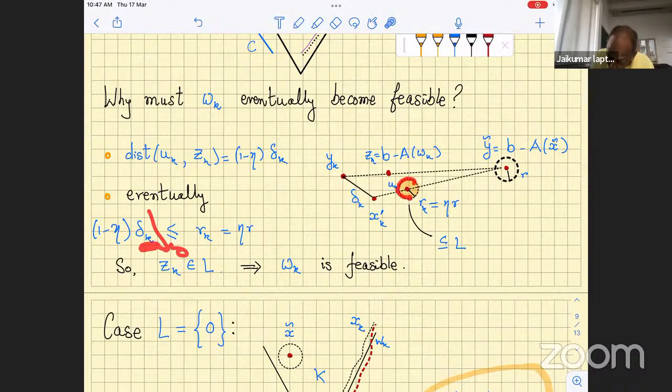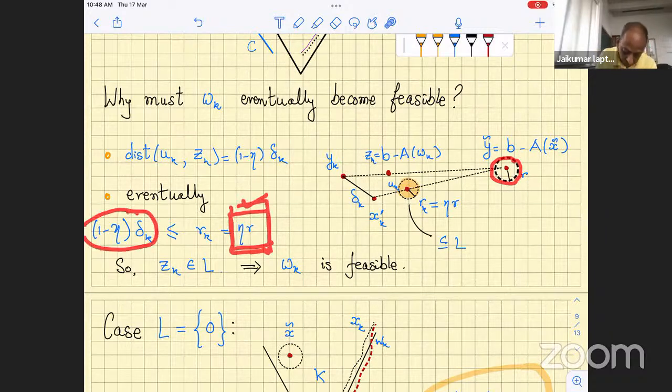What about the radius of this ball? This ball is going to shift. When I'm looking at a particular yk, I'm looking at its tracking point and drawing the ball here. When I look at a different yk, there will be a different tracking point and I will draw the ball there. But nevertheless, the radius of this ball is always eta times the radius of the original ball. So this is held constant and this is going to 0. So eventually this quantity is going to dominate this.